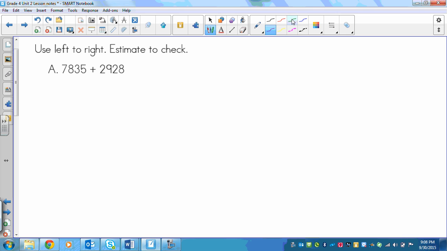So step 1, we will write one number on top of the other. So 7,835.